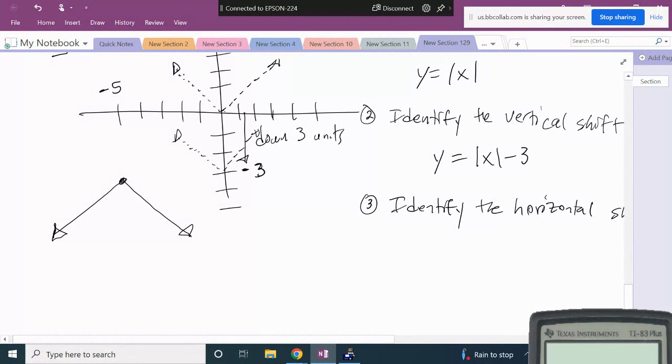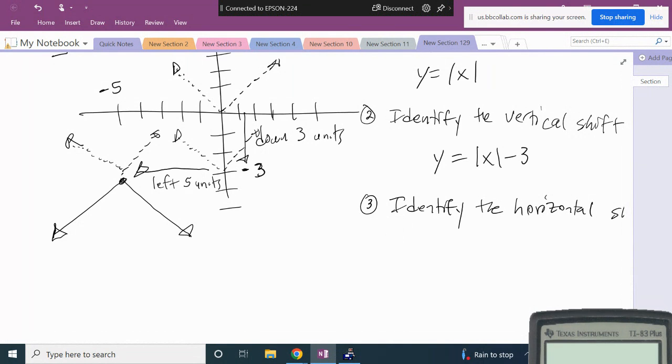Right, so we shifted it down 3. Now we're going to shift it to the left 5 units. Right.